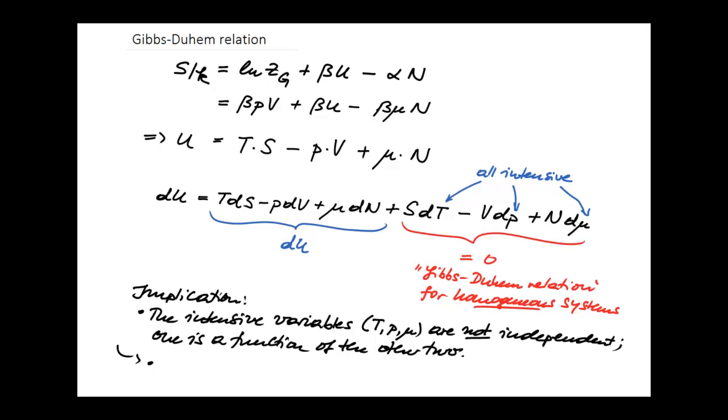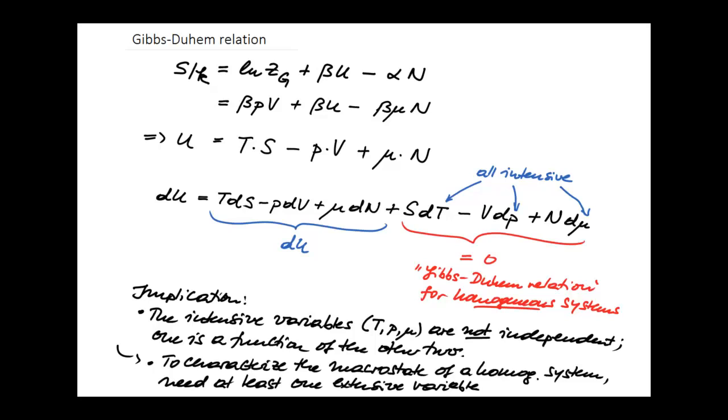That's not enough because it doesn't give you any information about the volume of the air or the particle number in the air. So in order to characterize the macrostate of a homogeneous system, you always have to provide at least one extensive variable. It's not enough to characterize it with intensive variables. So this is the very basic, very fundamental Gibbs-Duhem relation and the physical implication of it.